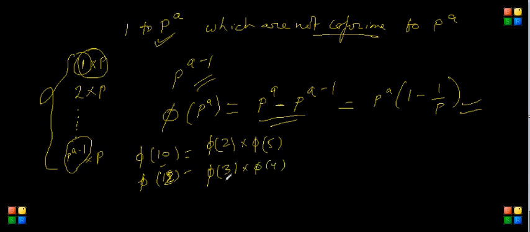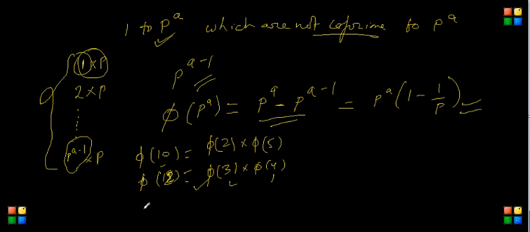Now understand here that whenever I am able to express a natural number n as a product of relatively prime numbers, 2 and 5 are relatively prime to each other, 3 and 4 are relatively prime to each other, then we can always write phi of n as the product of individual phi's of those relatively prime numbers.